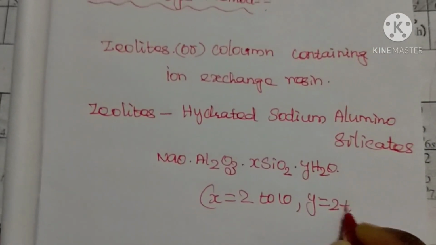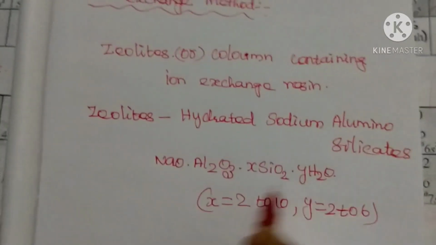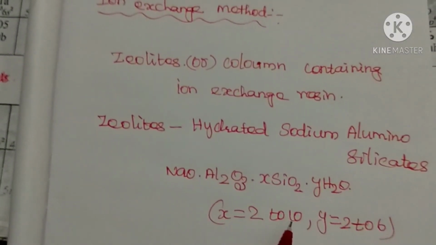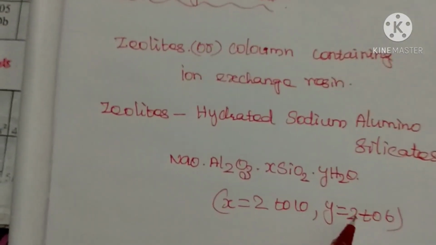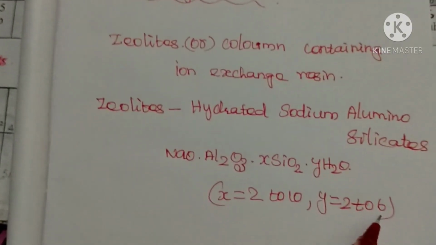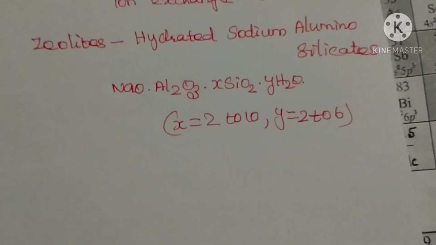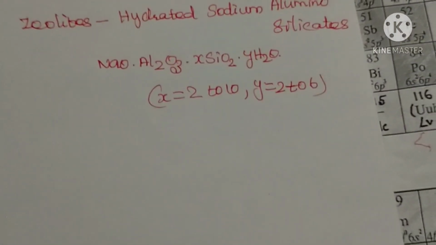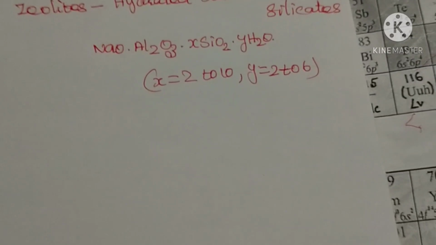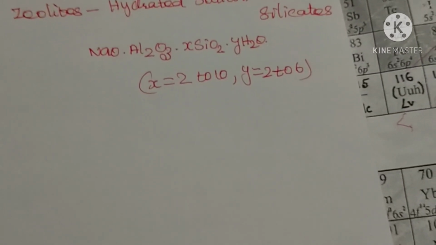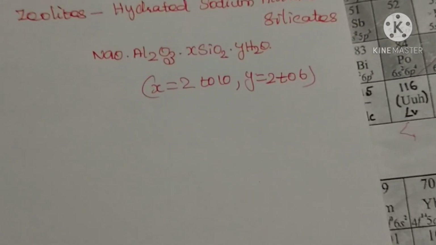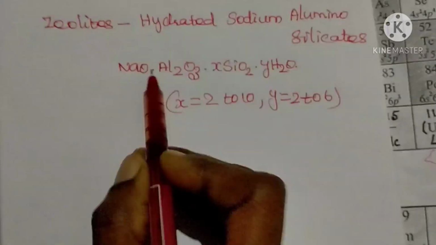Here the range of x is 2 to 10 and the range of y is 2 to 6. So you can use 2 to 10 moles of SiO2 and 2 to 6 moles of H2O in the zeolites. Zeolites generally have a porous structure.